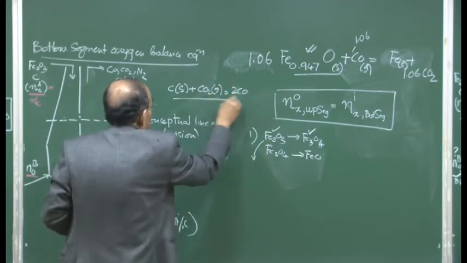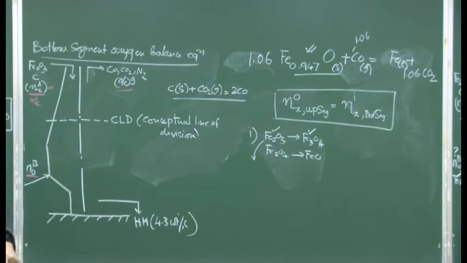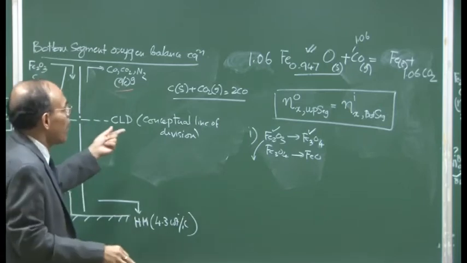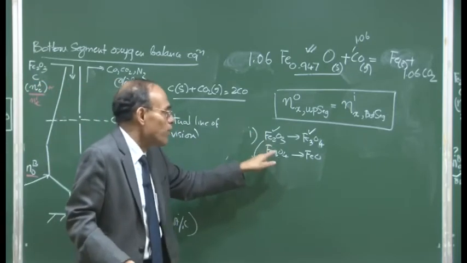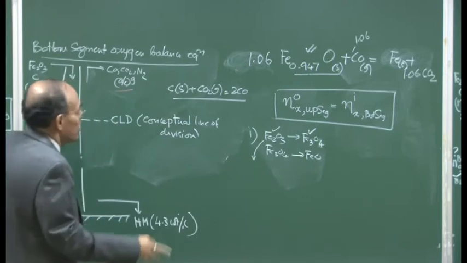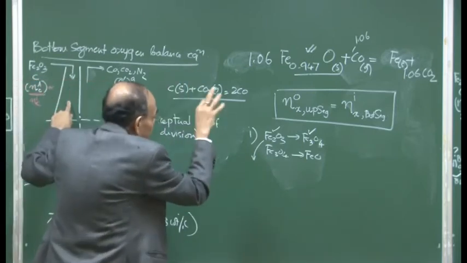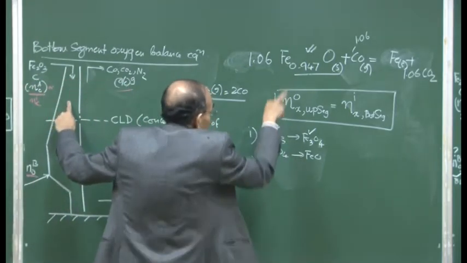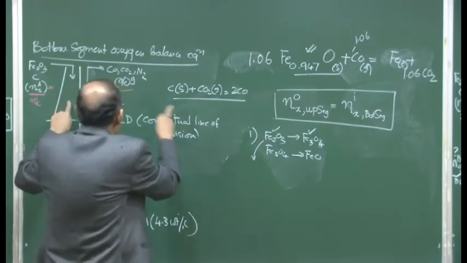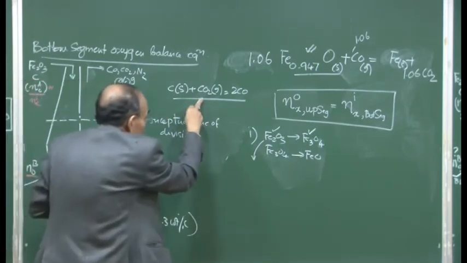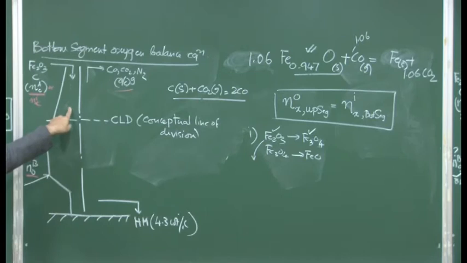This is an endothermic reaction, and it will occur at the lower part. So there is no gasification reaction here, and whatever reduction is taking place in the upper part is entirely because of gaseous reduction, and metalloid reduction and gasification reactions are totally absent here.